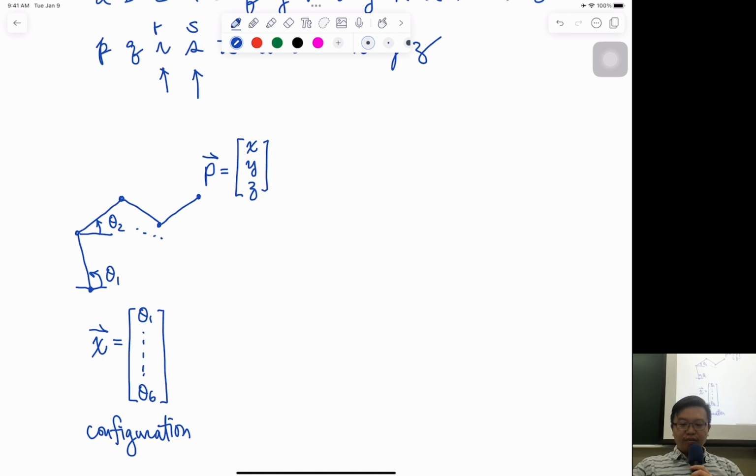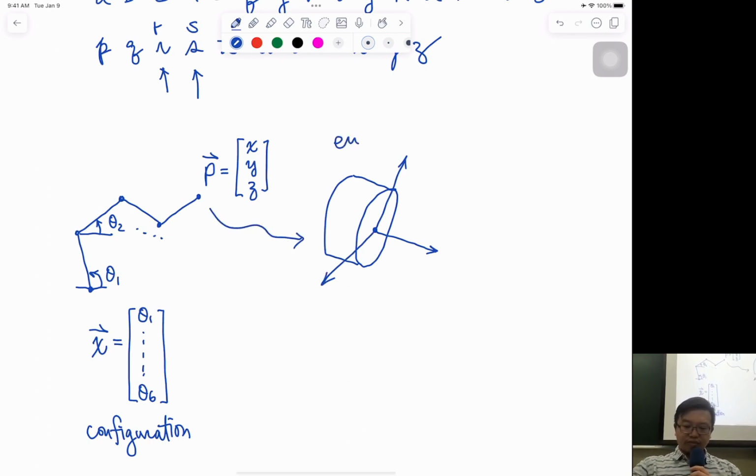So let's say the end effector looks like this. Usually it's like a circular plate. And let's say there is a coordinate. This is the end effector, okay?